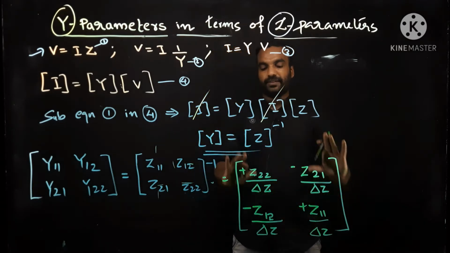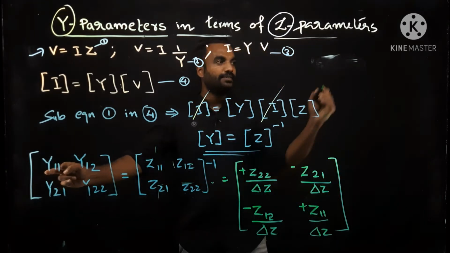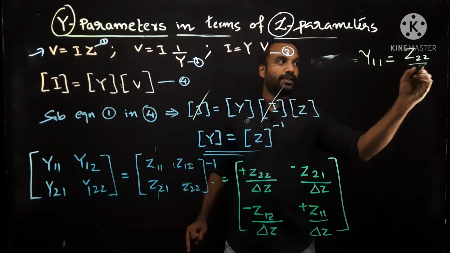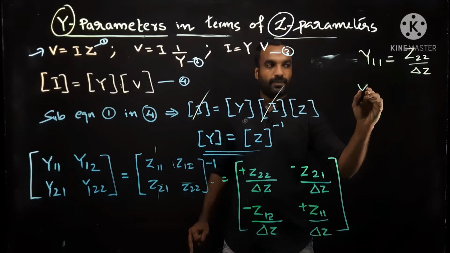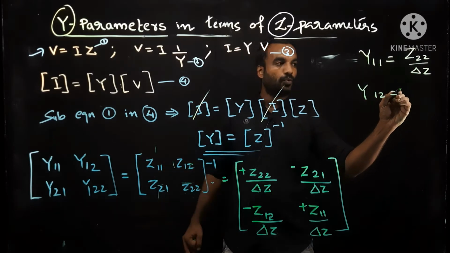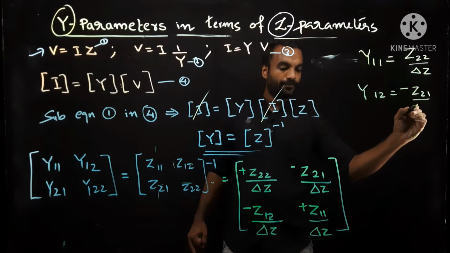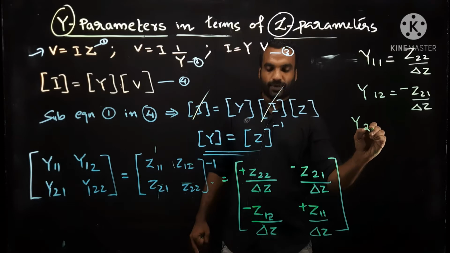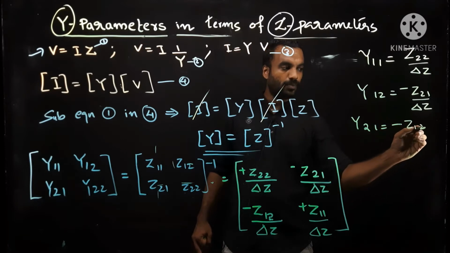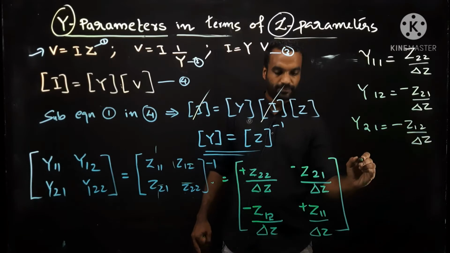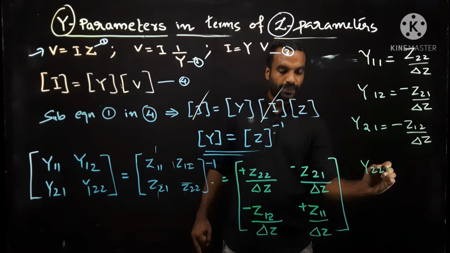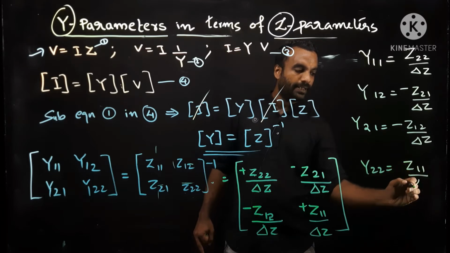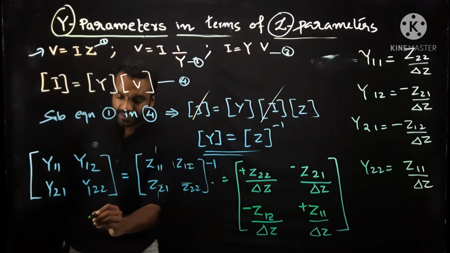Okay. So this is the inverse matrix. So that Y11 is equal to Z22 by delta Z. Y12 is equal to minus Z21 by delta Z. Y21 is equal to minus Z12 by delta Z. Y22 is equal to Z11 by delta Z. Now, what is delta Z?